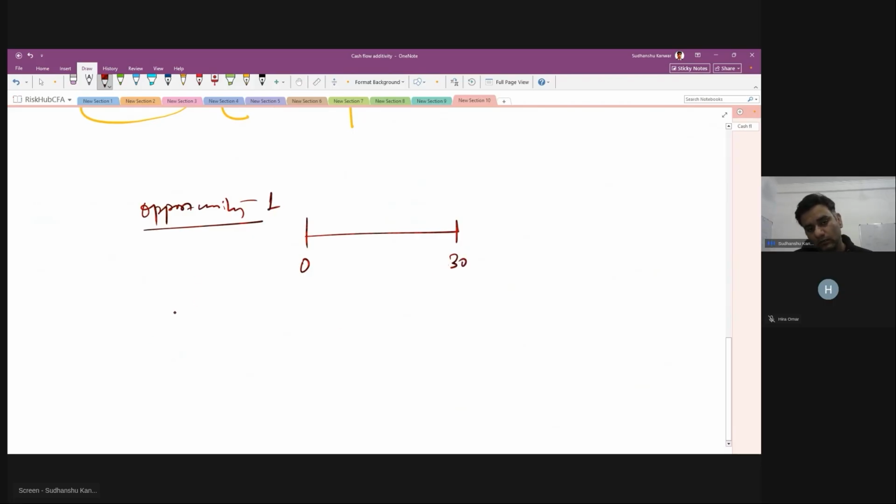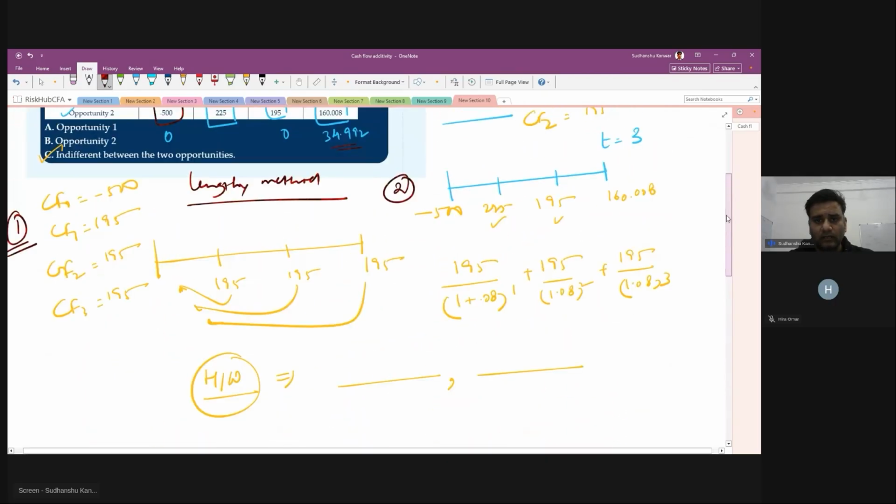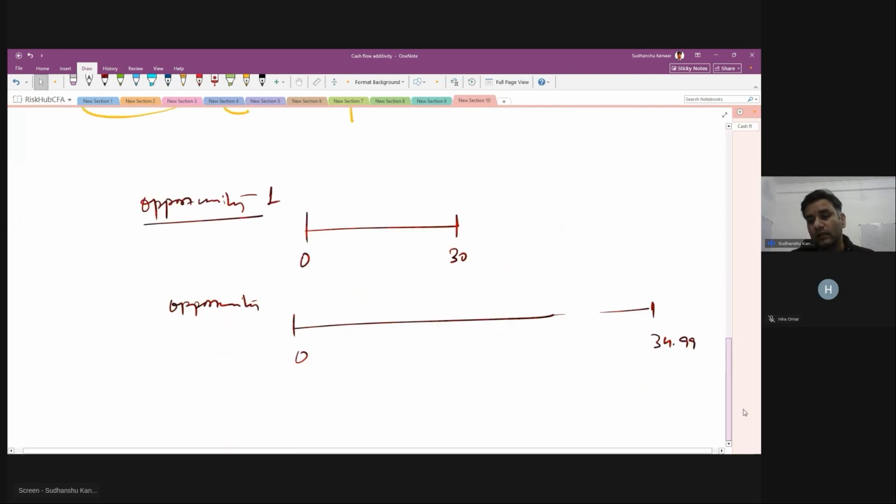Opportunity 2 is 0 and your 34.992. 998 or 992? 992, that's why some difference was coming. If I take 34.992, here I have to discount one period. So my value is 30.108. Here I have three periods. This is the third period.